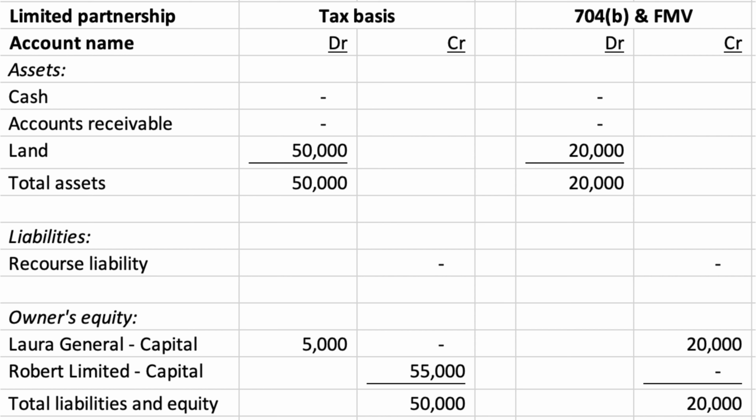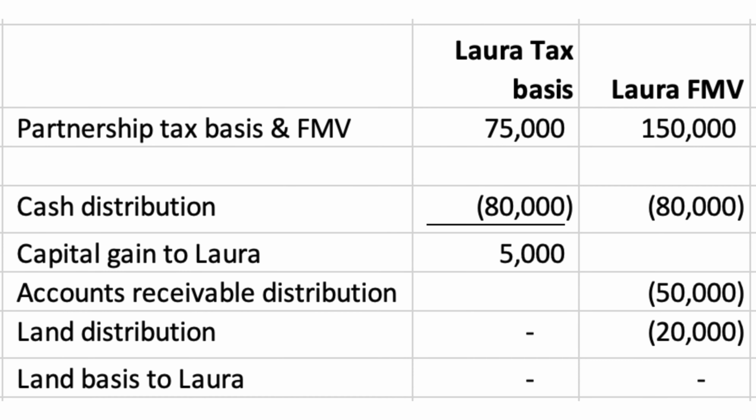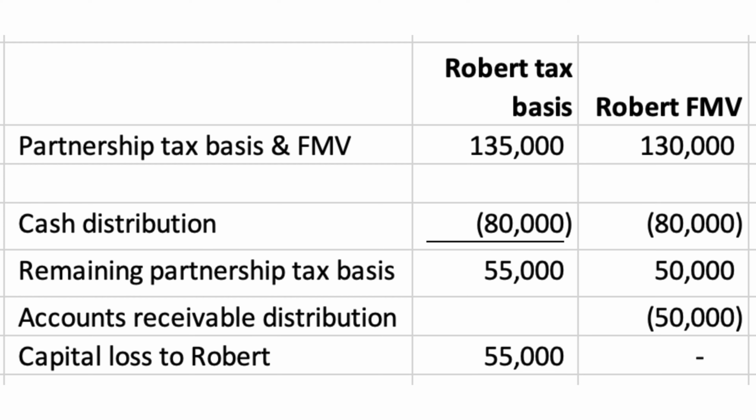Laura takes the land to satisfy her remaining $20,000 fair market value claim on the partnership. Since Laura has no remaining tax basis in the partnership, the land has a zero tax basis for Laura. Robert has no Section 1231 property or capital property. He only received cash and accounts receivable.